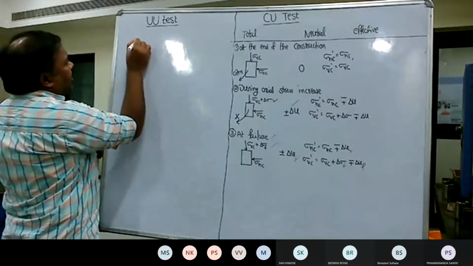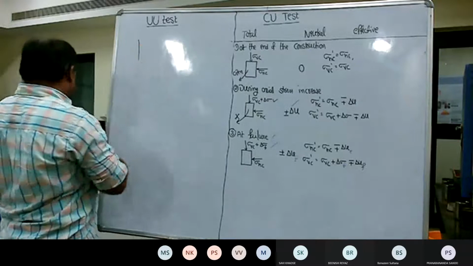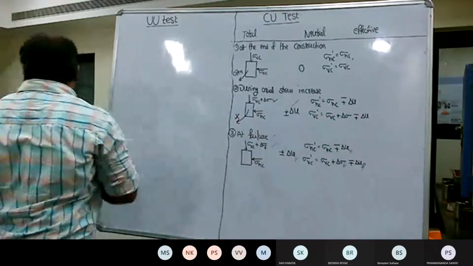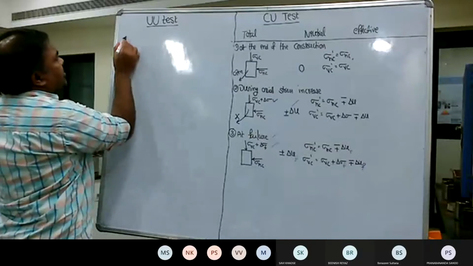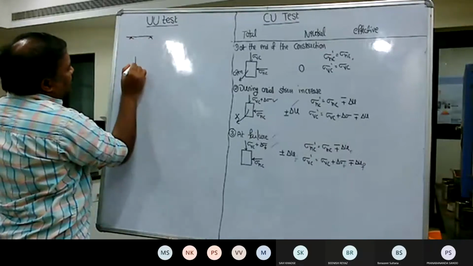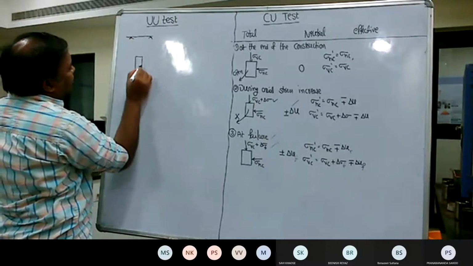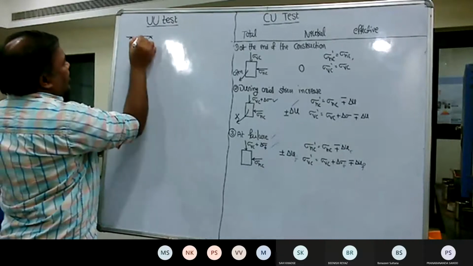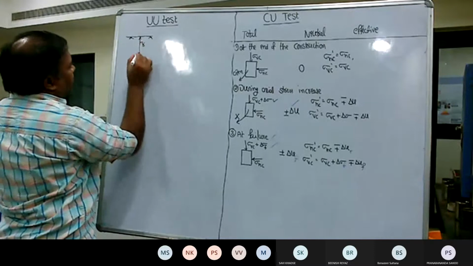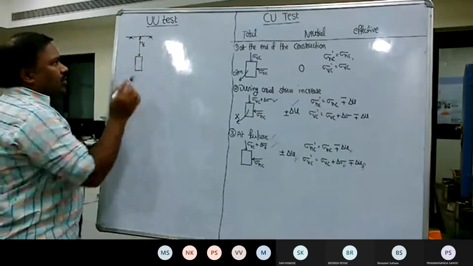Initially, I am taking the soil sample. This is the natural ground, and a sample has been collected, at a depth of z.